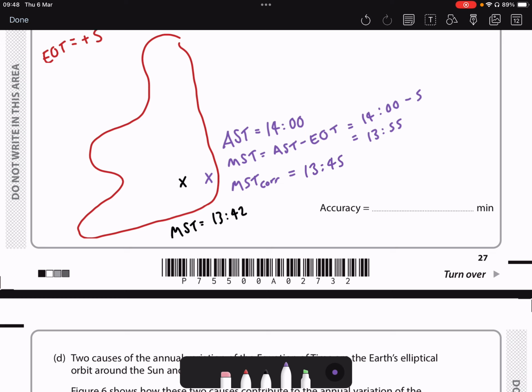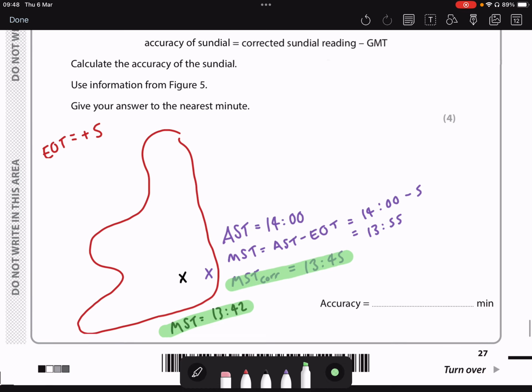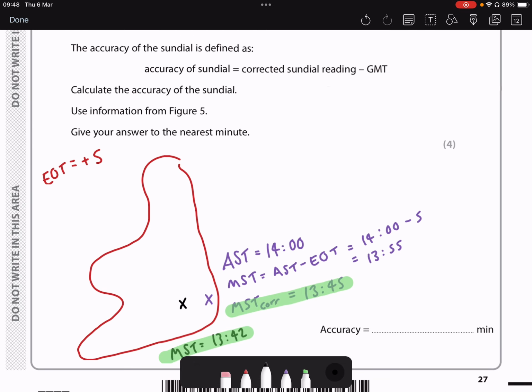And that's perfect, right? Or is it? Because these two numbers should match. I calculate that the time in London is 1345, but London say it's 1342. And that's where this little equation up here comes from. So corrected sundial time, well, I've corrected it in two ways, right?